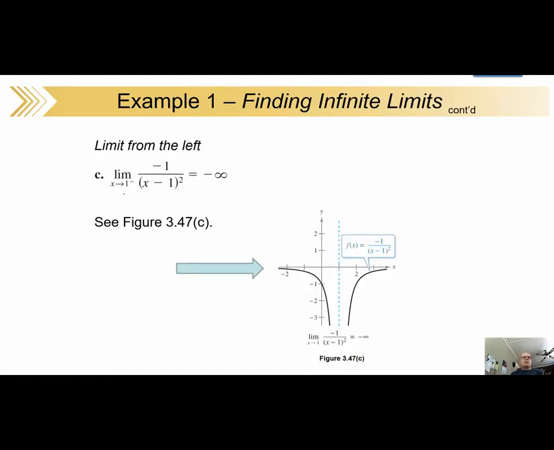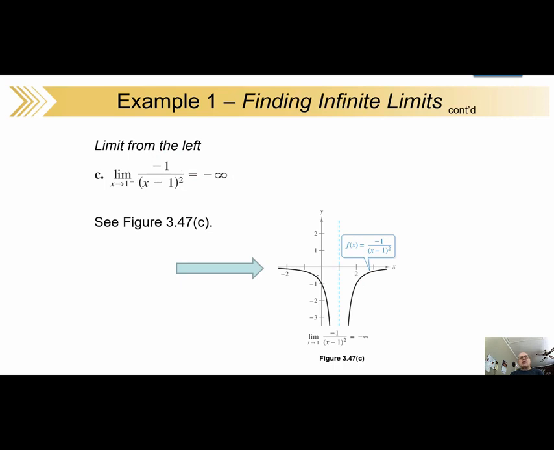Third example, a little bit different from the other one. Notice we've got negative 1 here, but we've got x minus 1 squared in the denominator instead of just x minus 1. Now that means this will always be positive, and since this is a negative number, this whole thing will always be negative.